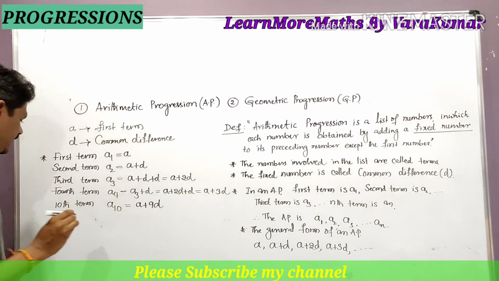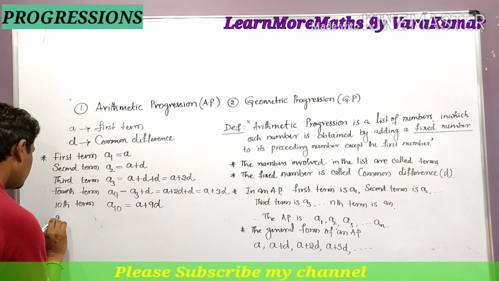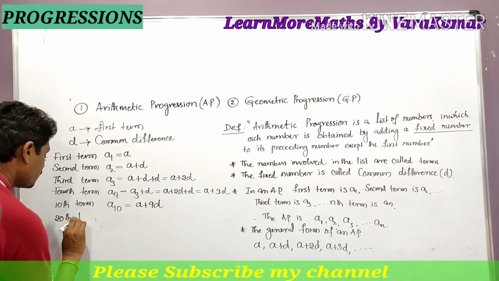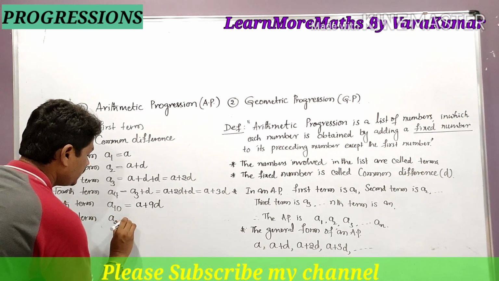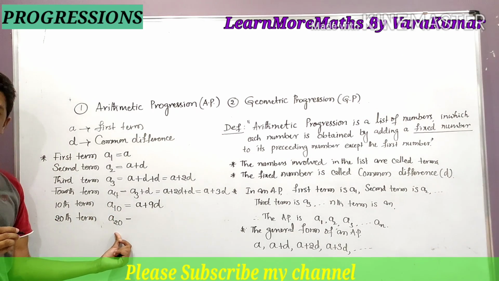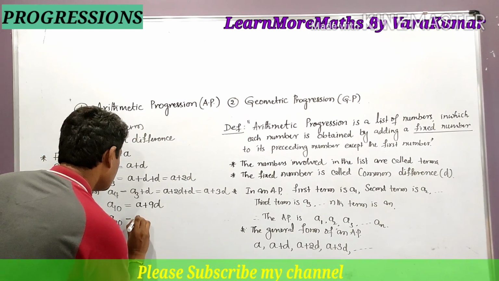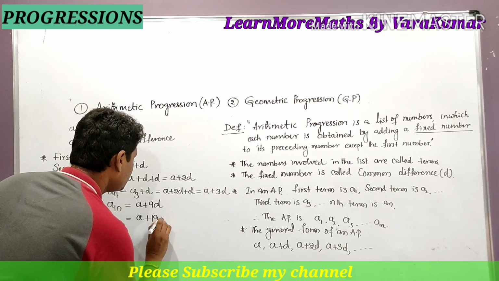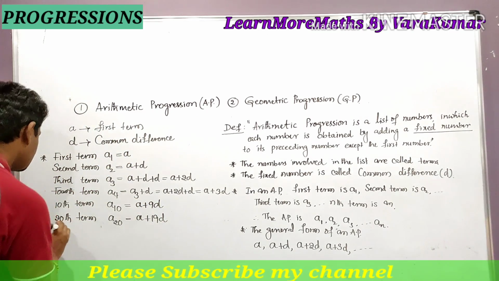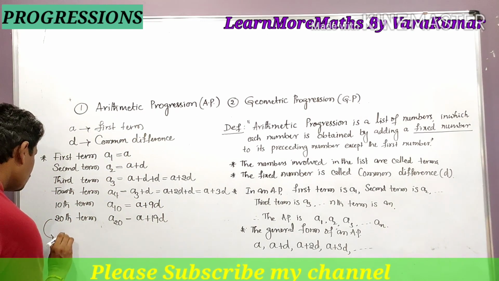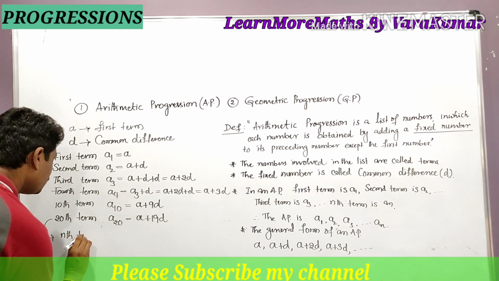I want to write the 20th term, student. It is denoted by A20. So how can we write the 20th term? It is A plus 19D.